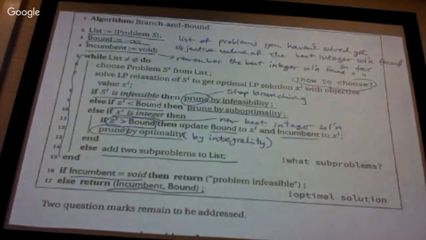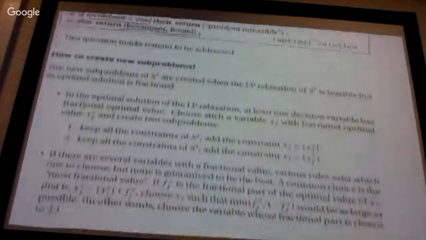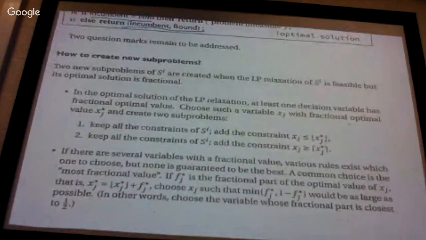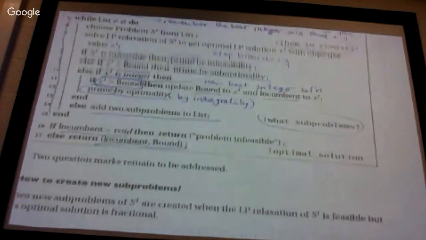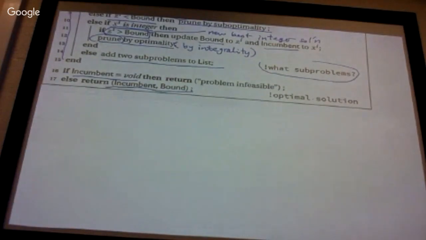So that's this question, and the second question is what subproblems you create, and that's described here. Yeah, it's a lot of text. I don't want to read that. Well, you know what we're doing.